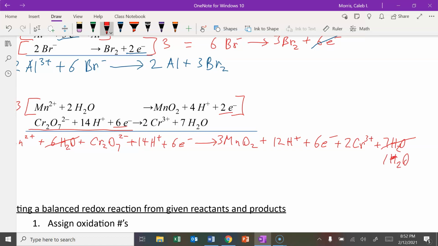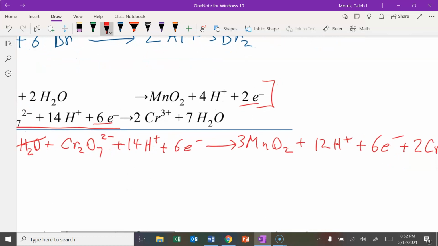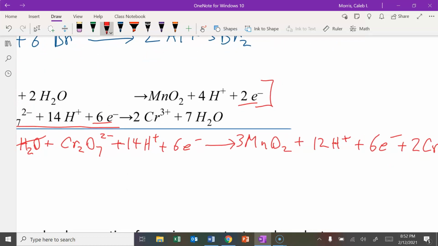All right, next thing I see is Cr2O7 2-. I don't see that on the product side. 14 H+. Well, I don't see 14, but I see H+. I see that I've got 14 H+ here, and I've got 12 here. The difference is that I'm going to have 2 H+ on my reactant side. And then, of course, our 6 electrons are going to cancel out.